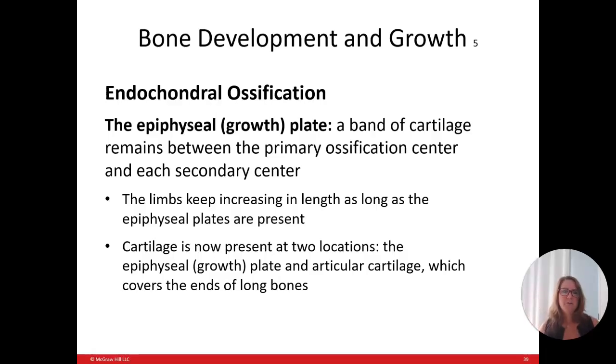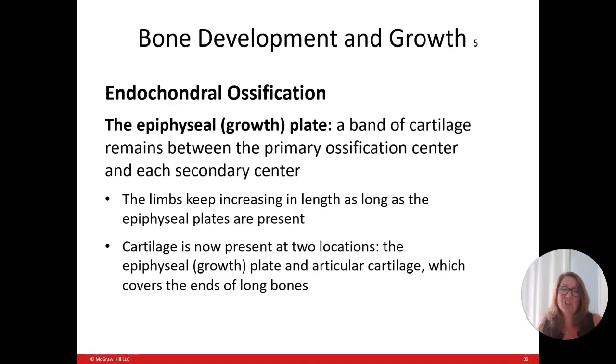It remains between what they call the primary ossification center and each secondary center, so it's going to allow you to keep growing. Once that has solidified or fused, or the cartilage is now gone and replaced by bone, then you are not going to be able to grow any taller. So for me, I was like 13 when I stopped growing. So 5'2.5".